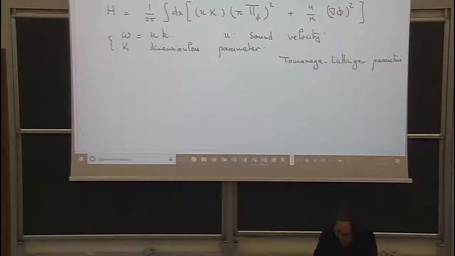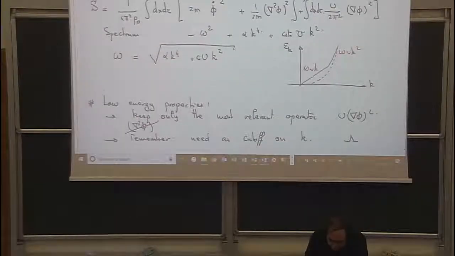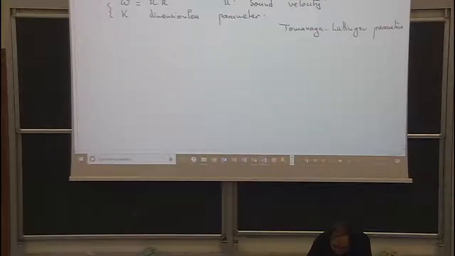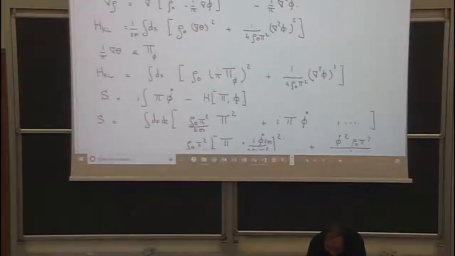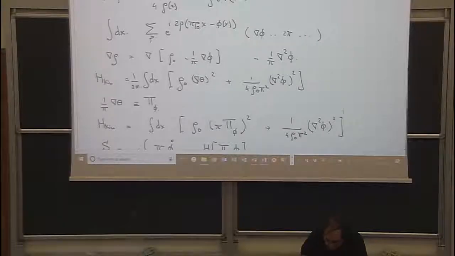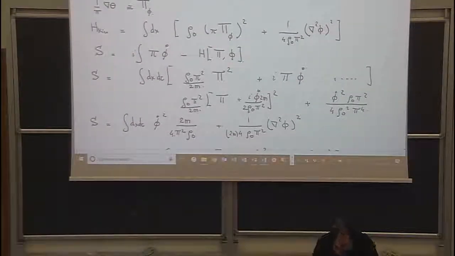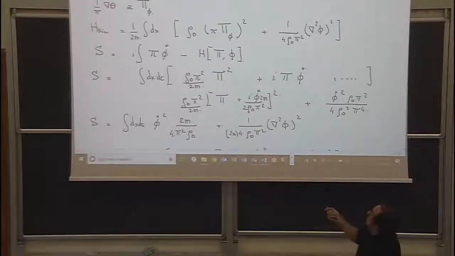You see that if I trust my calculation, let's go back to something which is a little bit simpler, which is the starting point. And there is a 1 over 2m here. The coefficient here is rho 0 pi square over 2m.